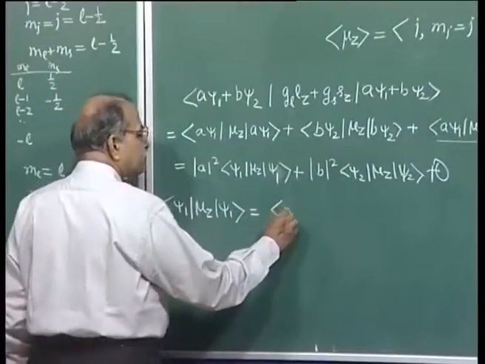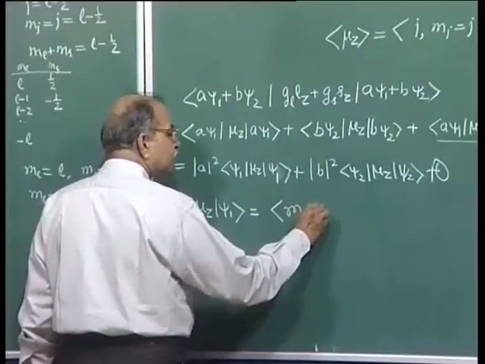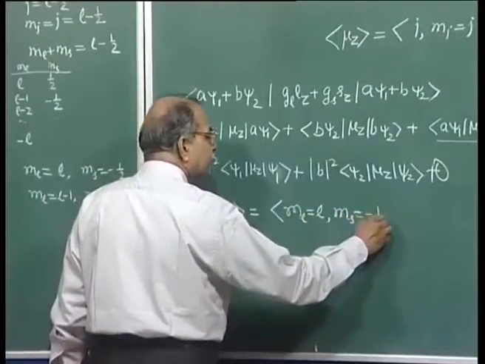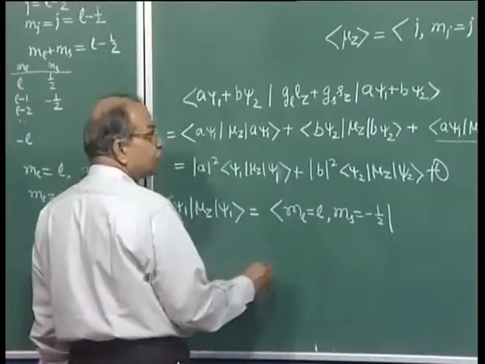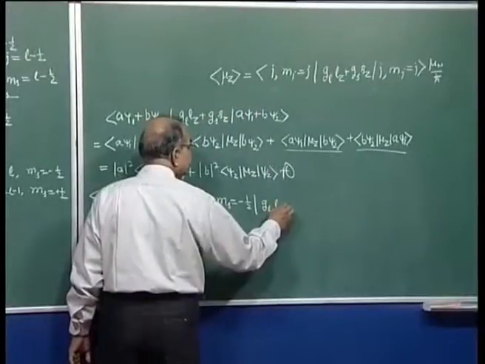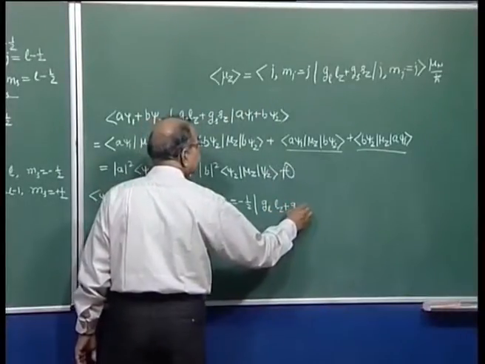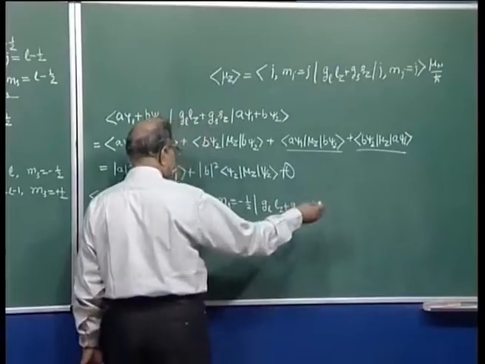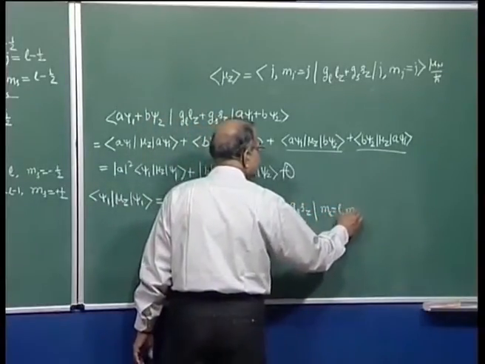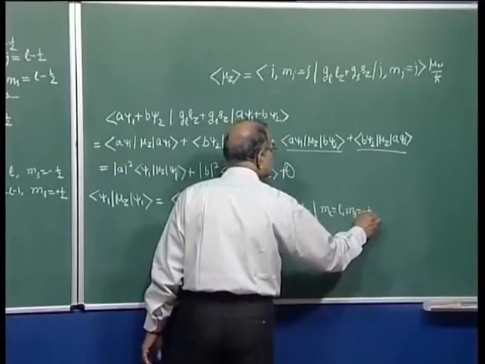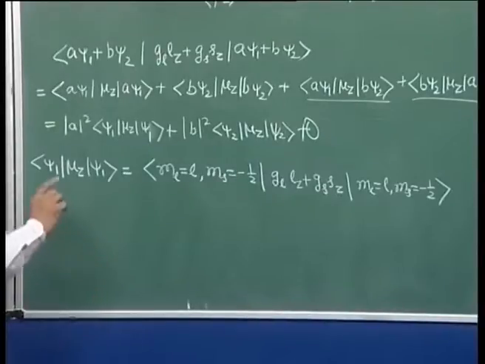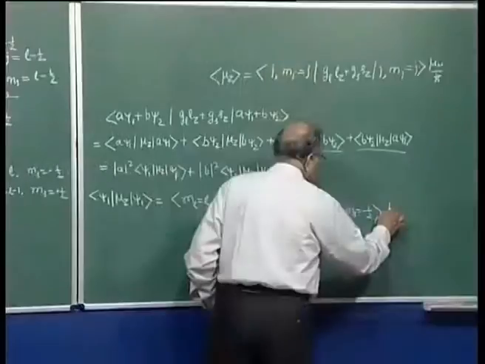What is psi 1? ML is equal to L and MS is equal to minus half, and mu z is equal to GL LZ plus GS SZ, and then on this side ML is equal to L and MS is equal to minus half, times mu n by h cross is also there.